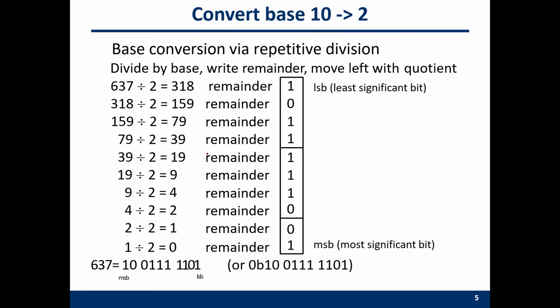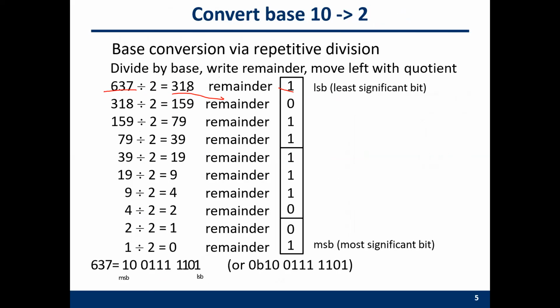And here is another example of how to convert this value to its binary representation. Because the binary representation base is 2, this number will be divided by 2. And this is a result, and this is a remainder.